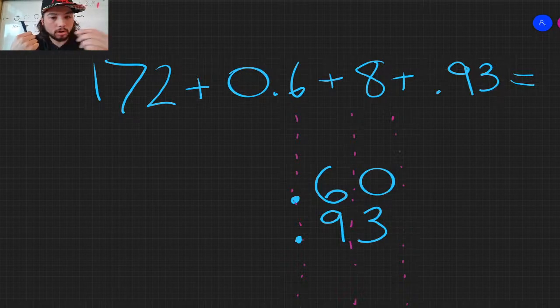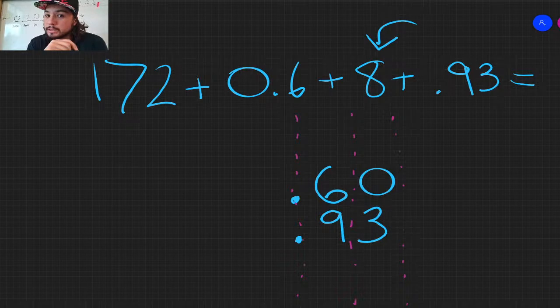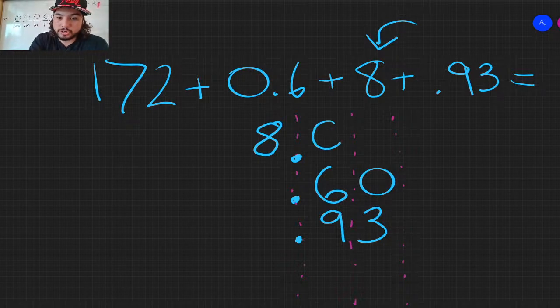Now let's take a look at our whole numbers. Let's take our 8 first. 8 is in the ones place, and as we remember, the decimal point is always to the right of our ones place, right there next to it with no other places in between. And that means we have 2 zeros to put in here.